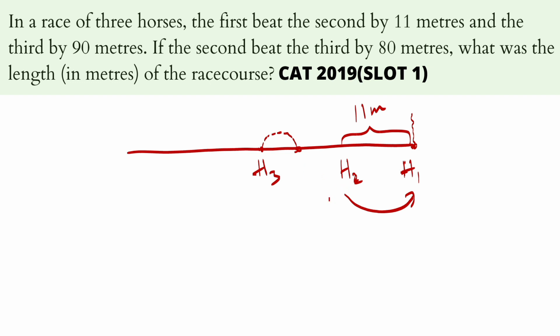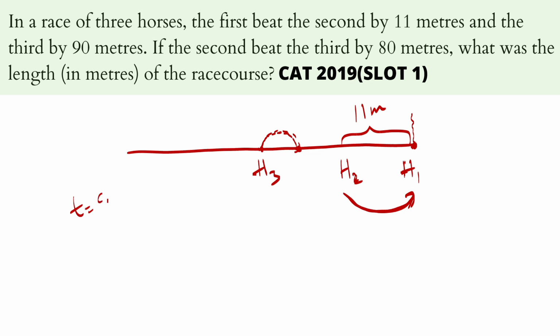Horse 2 beats horse 3 by 80 meters. Horse 2 must first finish the race. By the time it finishes the race, horse 3 also slightly moves forward, and the difference between horse 2 and horse 3 is 80 meters.